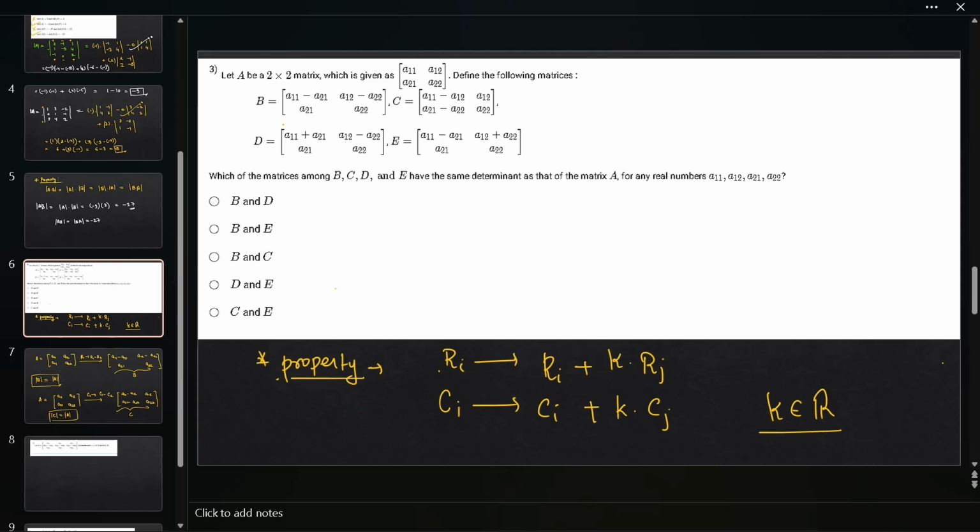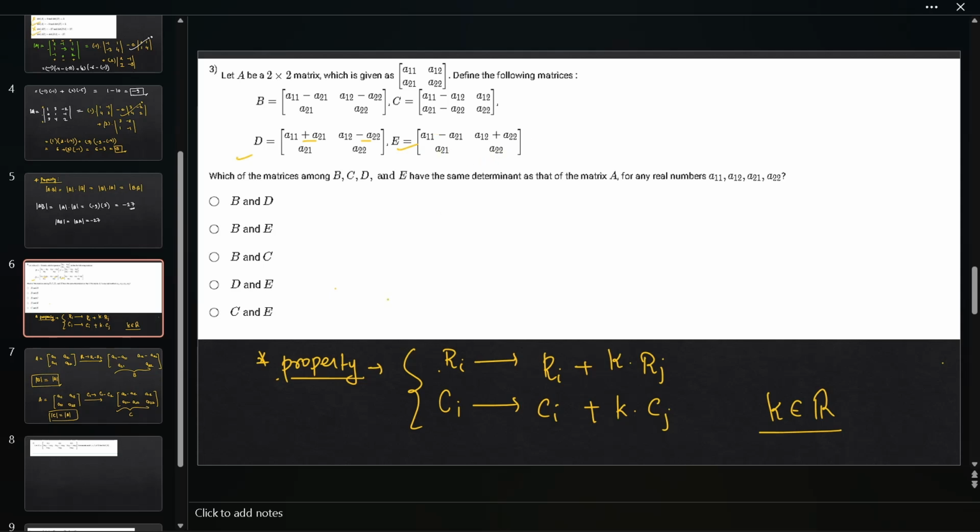Now, let's check option D and option E. In option D, this element we are adding, but this element we are subtracting. So no such operation was included in this property. Similarly, in matrix E as well, we are subtracting this element, but we are adding this element.